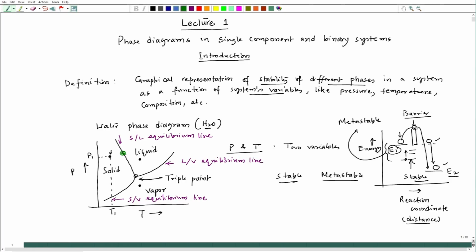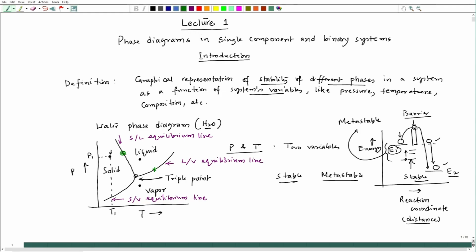So, along that line, any point I choose, I will have liquid as well as solid water, and they could coexist. When they coexist, because they have similar energy levels, we talk about an equilibrium situation. The two phases are in equilibrium.